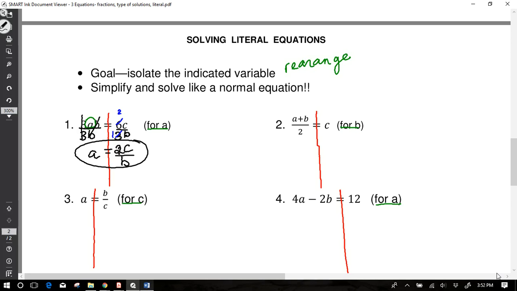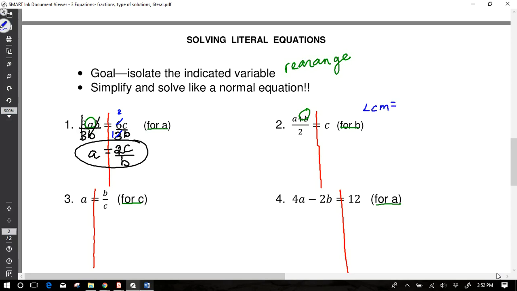Let's take a look at number 2, starting out by circling the variable term that they're asking me to isolate. Now, I see a fraction in this problem, and as soon as I see a fraction, I need to find the least common multiple.